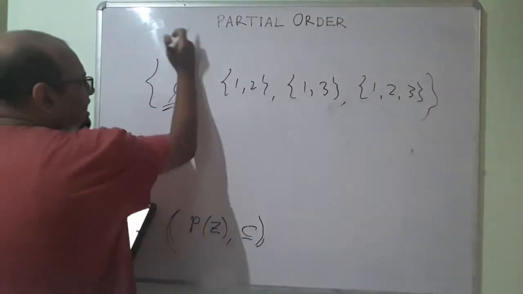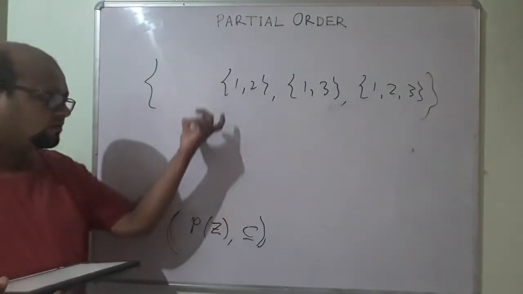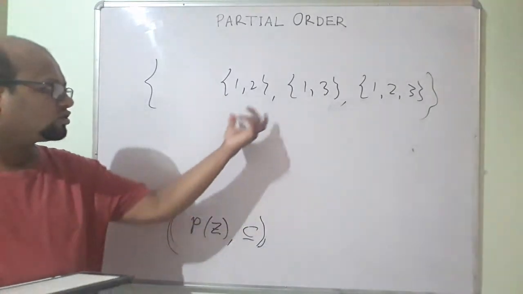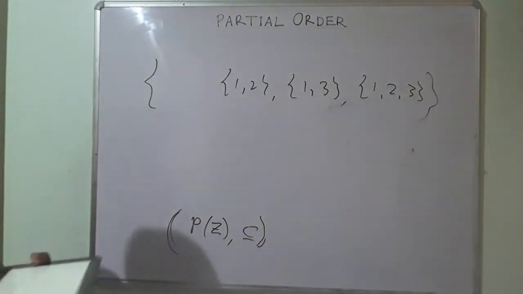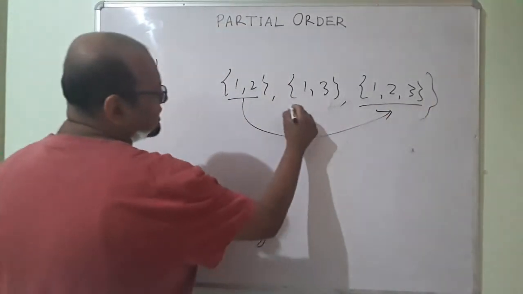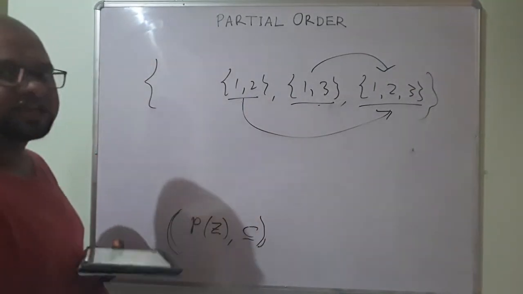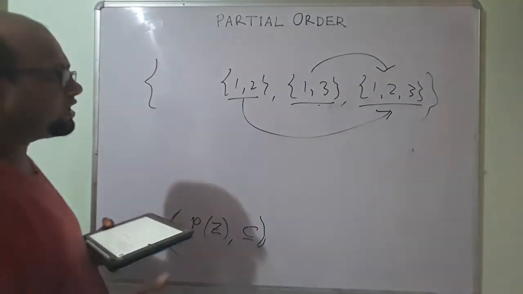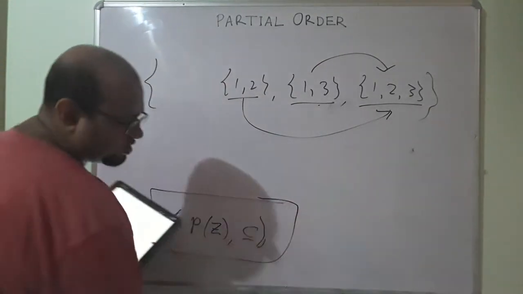But say I have taken this other subset of the power set. What is the least element over here? This is less than this, fine. This is also less than this, but among these two, which one is the least? We don't know. So there is no specific least element, so this is not well ordered.